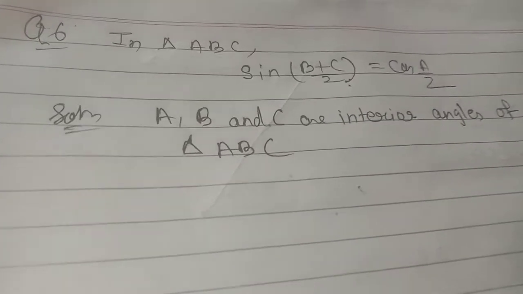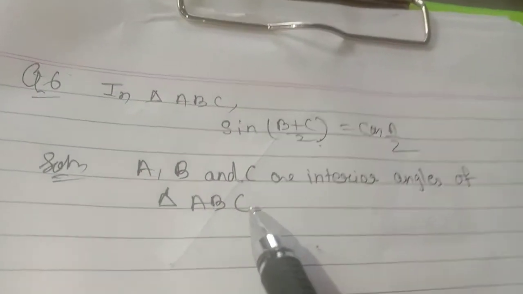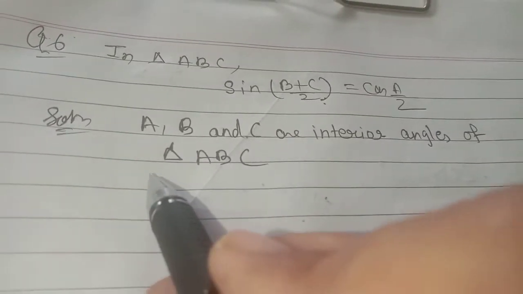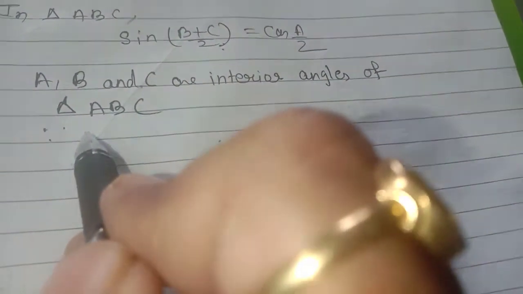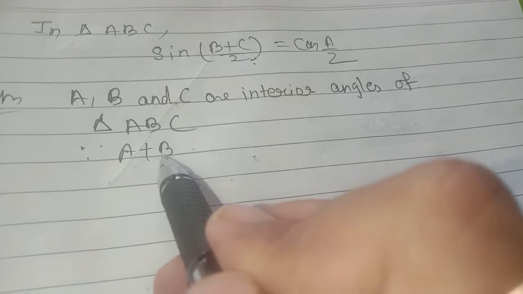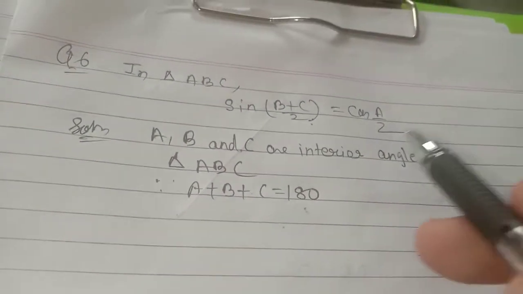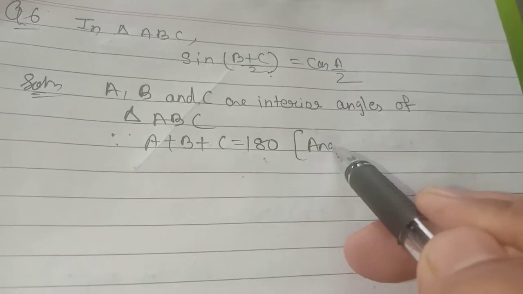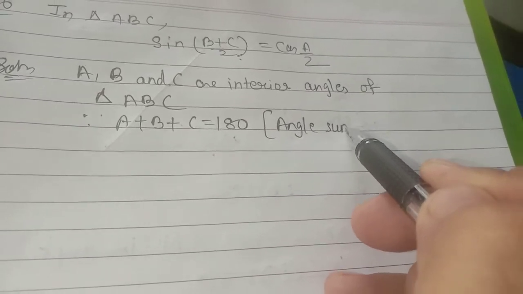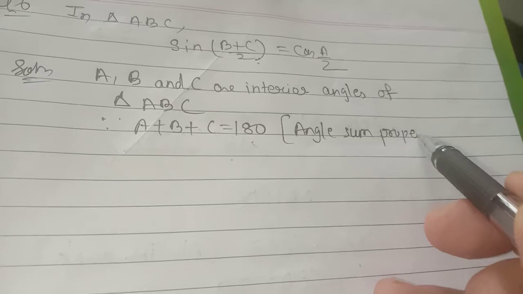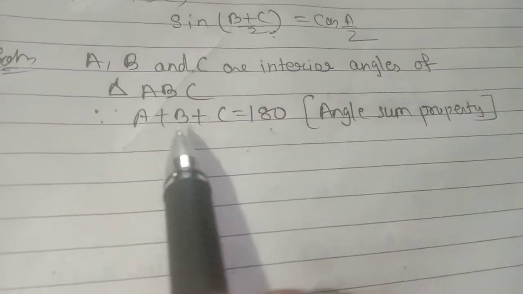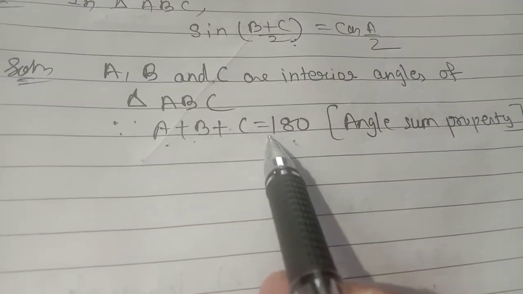Interior means they are lying inside, that's all. So according to the angle sum property, what we know is that A plus B plus C is equal to 180. What is the reason? It is the angle sum property. A plus B plus C is equal to 180.